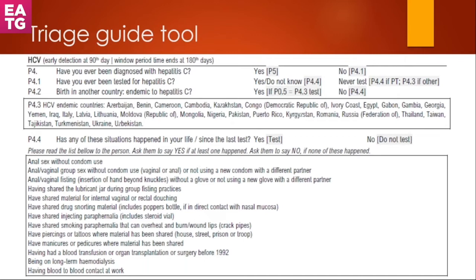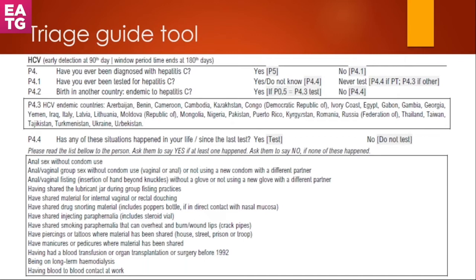The questions regarding hepatitis C were found by the community health workers very intrusive and invasive because there were sometimes stigmatized practices: commercial sex work, group sex, drug use. So as a strategy, we decided to present the list for people to read, or the community health worker reads all the situations that can lead to hepatitis C transmission.